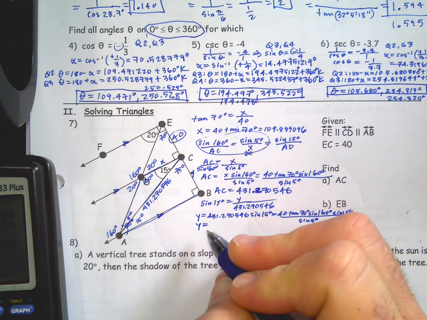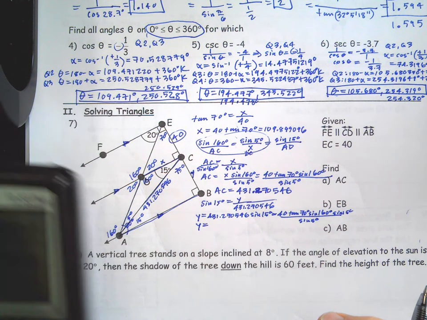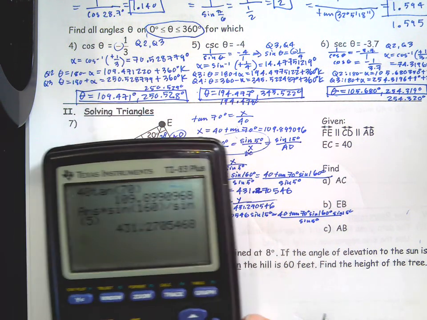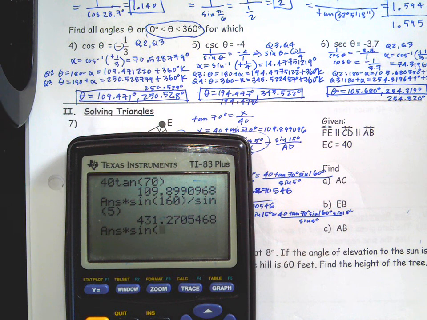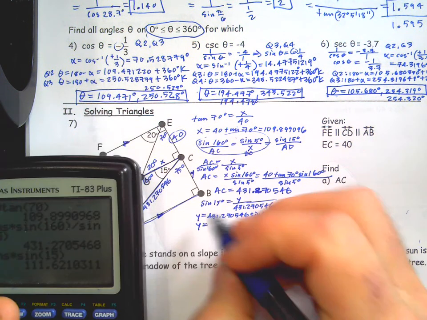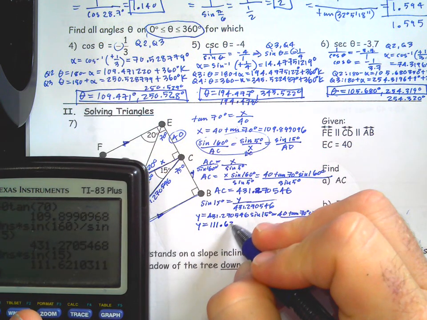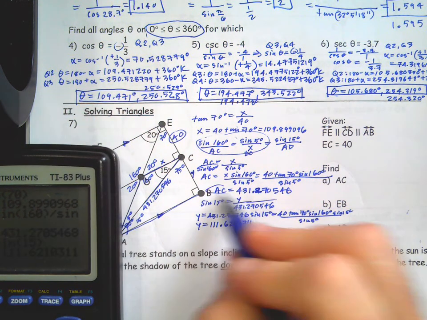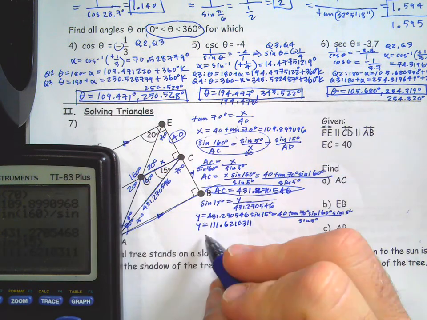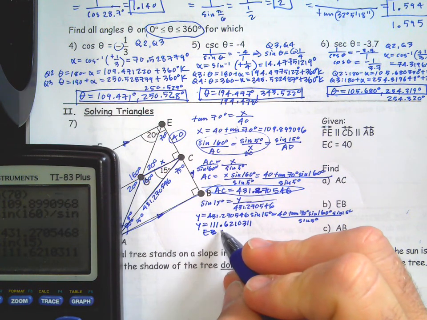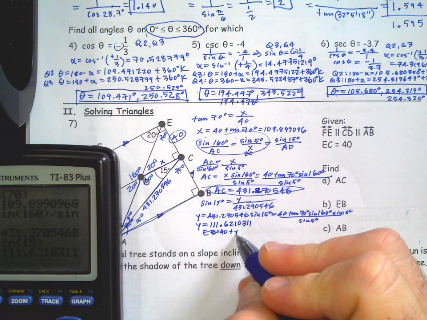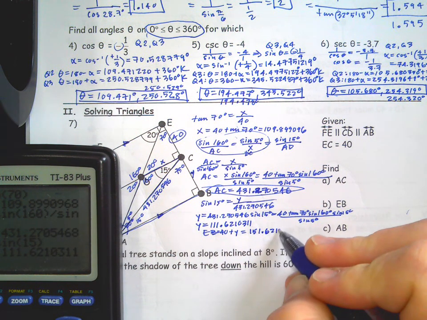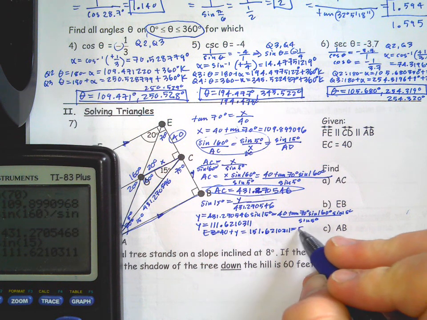But this is going to be BC. So we could just take this answer from the previous step and multiply it times sine of 15. And so that's 111.62103111. So this is one of our answers. And then EB would be 40 plus y, right? So we just add 40 to that. So we get 151.62103111. That's going to be EB.